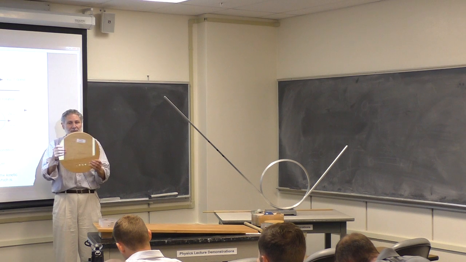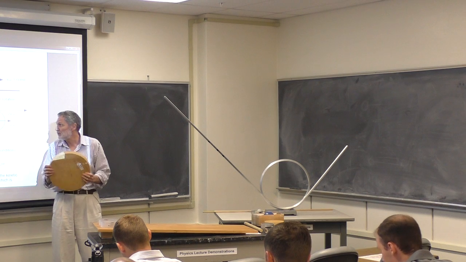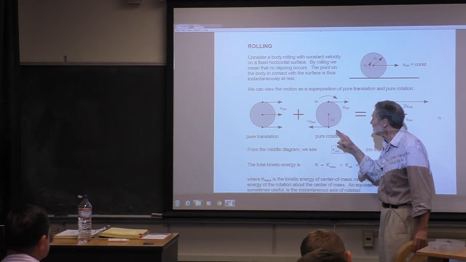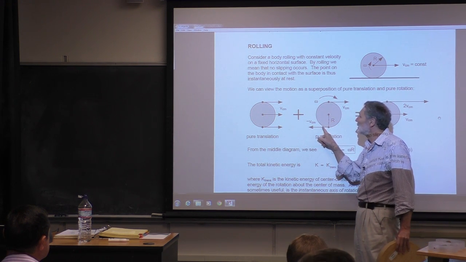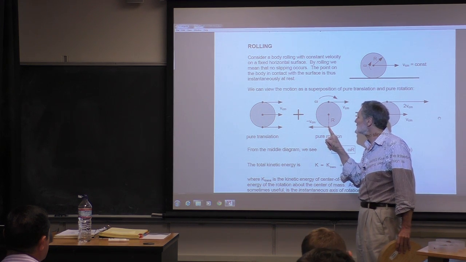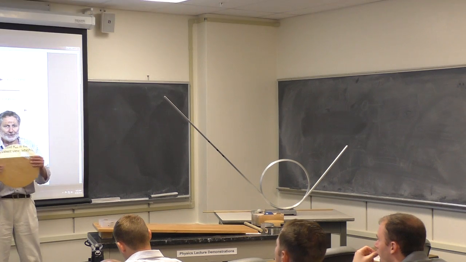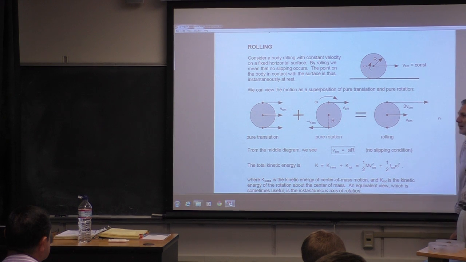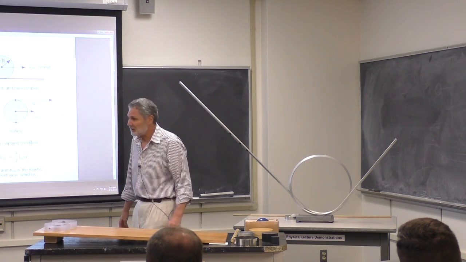Then here's a pure rotation, the motion we considered last chapter. If we add those two things together such that omega is equal to V over R, what are we going to get? When I superpose these, imagine adding this motion to this motion, what's the velocity of a point instantaneously at contact with the surface? It's going to be zero. So this is a way of achieving rolling by adding these two motions together.